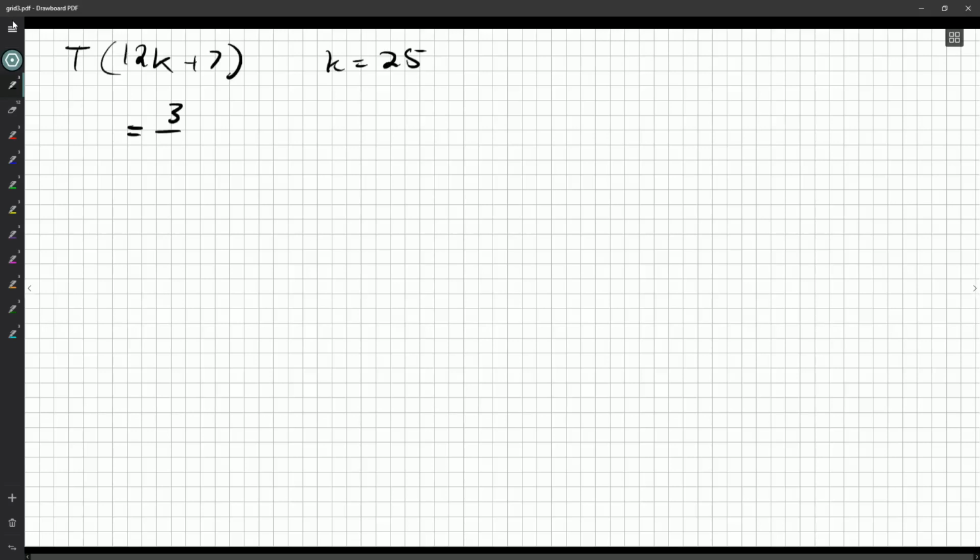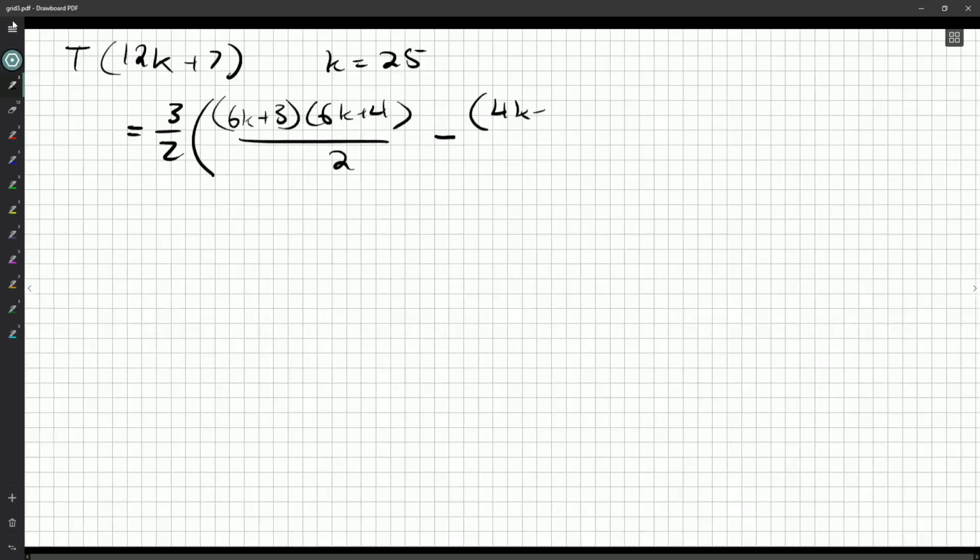So that's going to be 3 halves, 6k plus 3, 6k plus 4, all over 2, minus, so what would we start here? If we divided by 3, we'd get 3k plus 3, or 4k plus 3, so we'd be starting at 4k plus 2 again, 4k plus 3, all over 2.